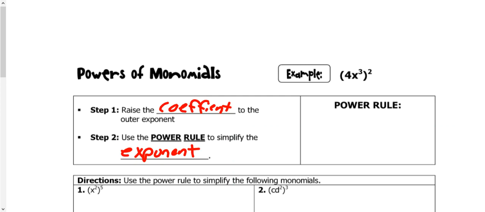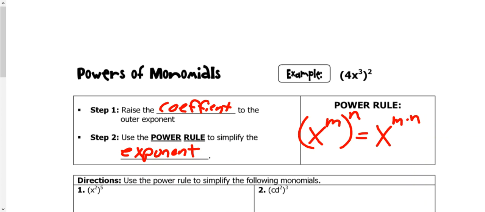But what is that power rule? Well, let's look. If we have x to some power that we'll call m, that whole quantity to the nth power, what we do is that we multiply those two exponents. So this would become x to the m times n power, whatever that works out to be.